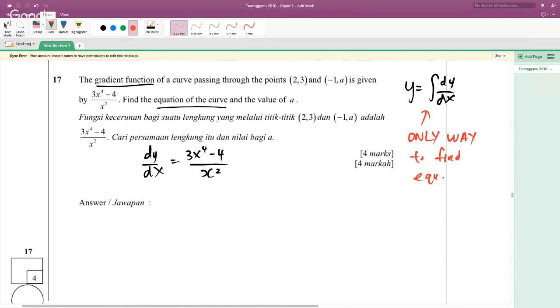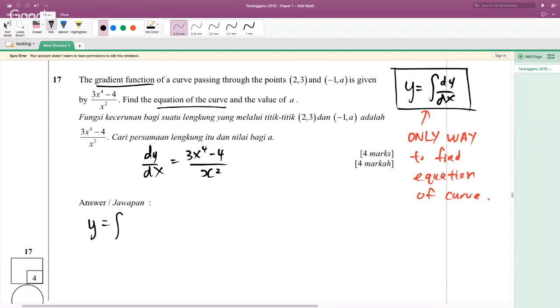So whenever you see equation of the curve, don't panic, just integrate dy/dx. Remember this, please. The exam is less than a few weeks away. So what I will do here is integrate this one.